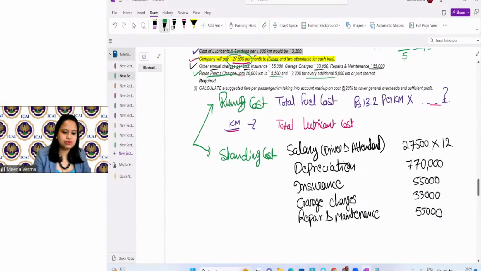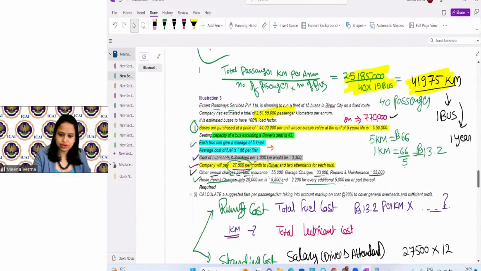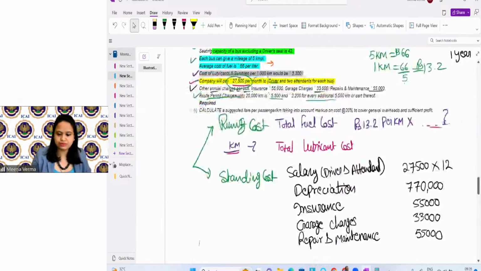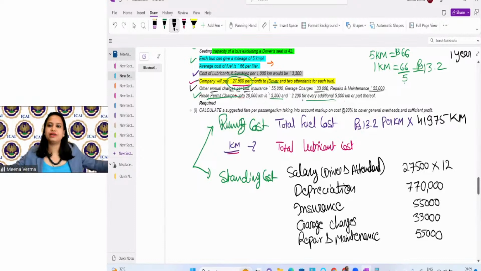So here now you can see, if I want to find out the fuel cost, I know the total kilometer. What is it? 41975. This is the total kilometer traveled by a bus in 1 year, the total distance traveled by a bus in 1 year.